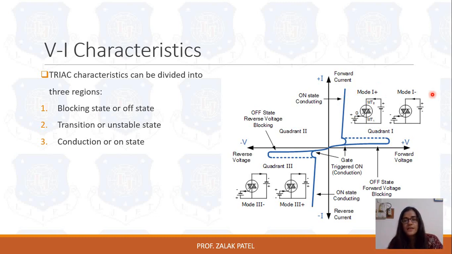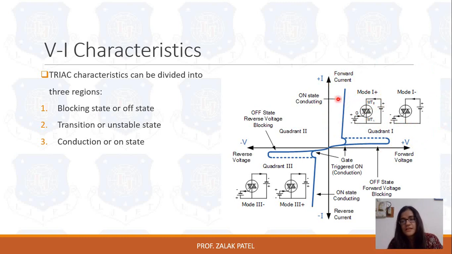Here you can see in the figure that TRIAC is operated only in the first and third quadrant. Here, if the MT2 terminal is positive compared to MT1, then it operates in quadrant 1.